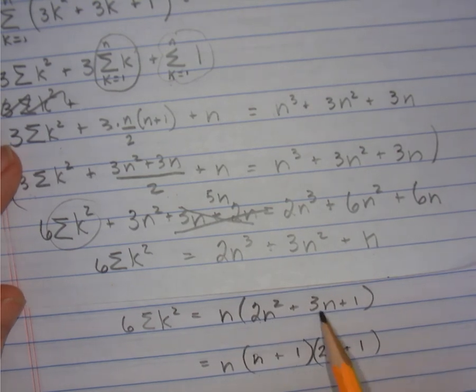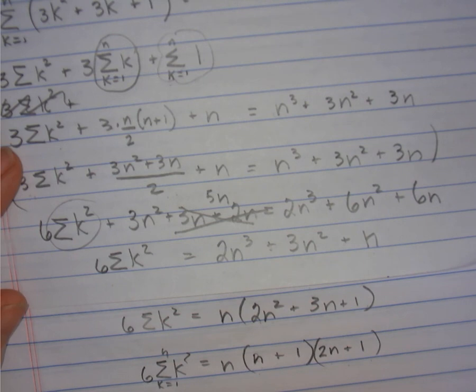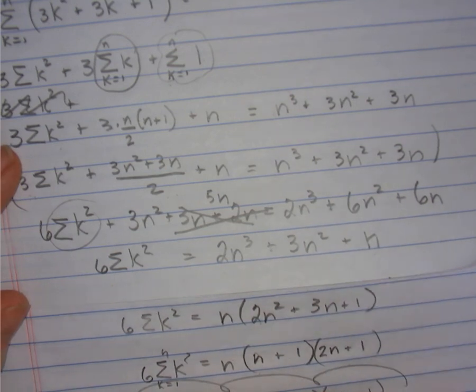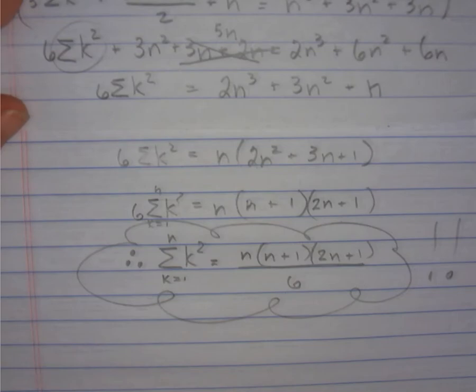Does 2n squared plus 3n plus 1 factor into n plus 1 times 2n plus 1? And there's our 6 sum of k squared as k goes from 1 to n. So therefore, we've done it. That's going to give us n times n plus 1 times 2n plus 1 all over 6. And there we go.